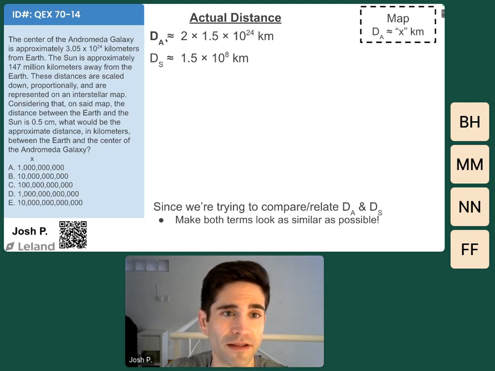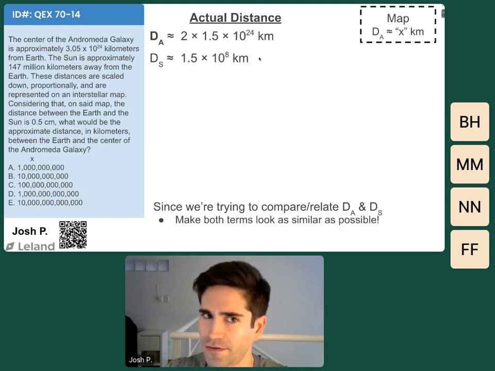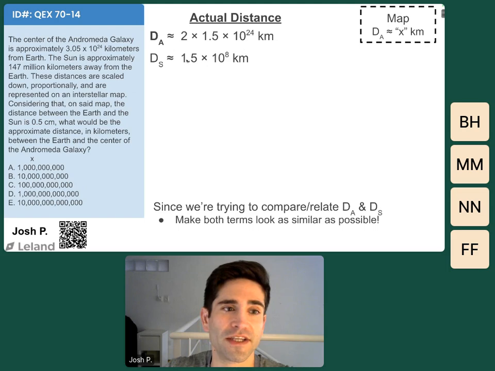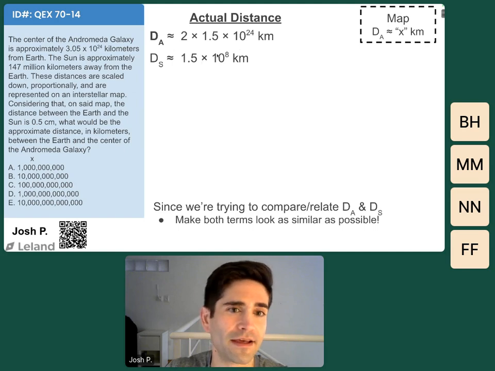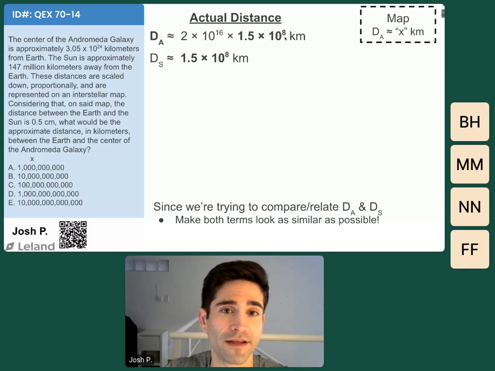Well, to make this distance look as similar as possible to this distance. And we continue. I see that the sun's distance is 1.5 times 10 to the 8th. Well, I can get that here. If I separate 10 to the 24th into 10 to the 16th times 10 to the 8th, then bam, I have something that looks very similar to the distance to the sun.